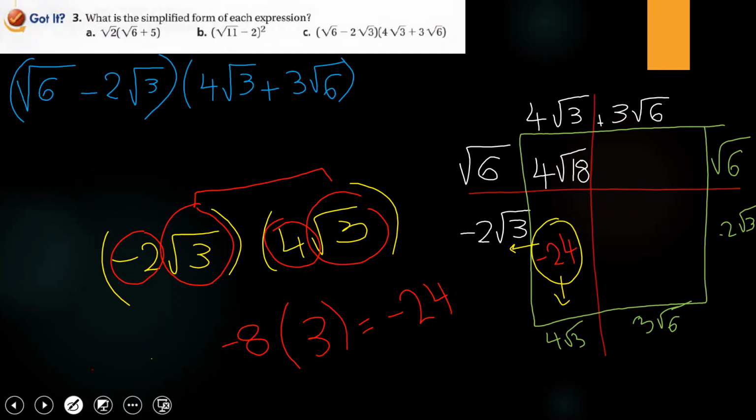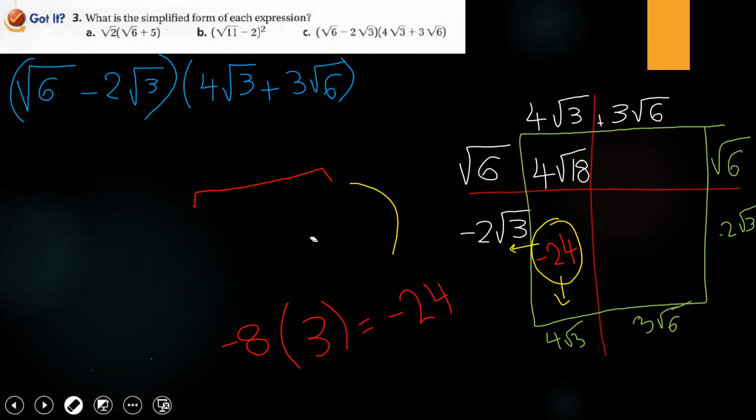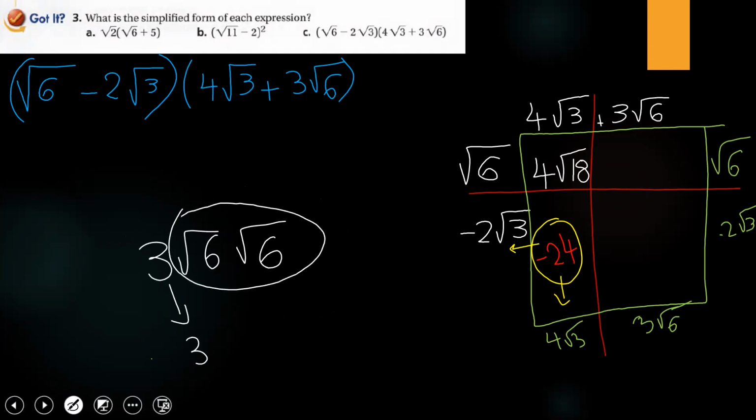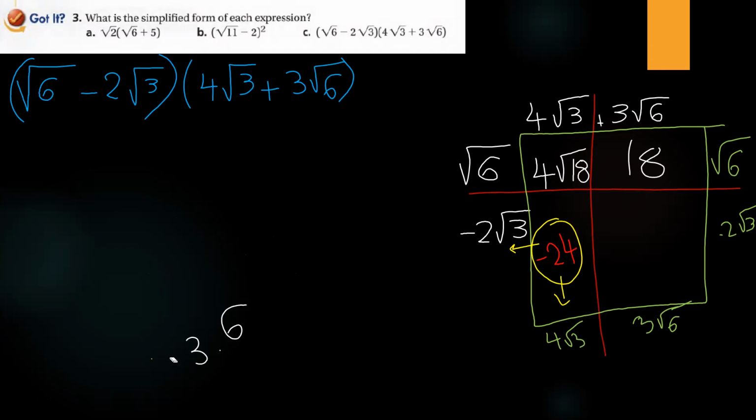Then let's continue. 3 square root of 6 times square root of 6 equals 18. 3, and this is 6, so which is 18. And here, what did we have? Negative 6 square root of 18.